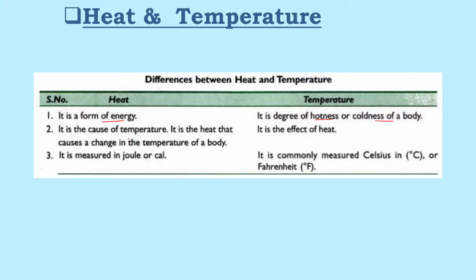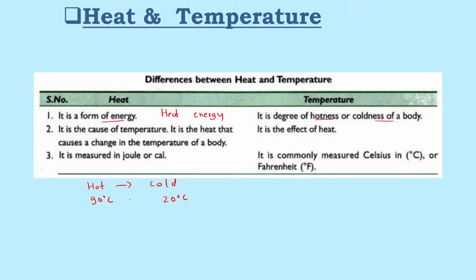Why does heat energy flow? We know that heat energy always moves from one region to another, from a hotter region to a colder region. Suppose this object has a temperature of 90 degrees Celsius, and this one has 20 degrees Celsius.